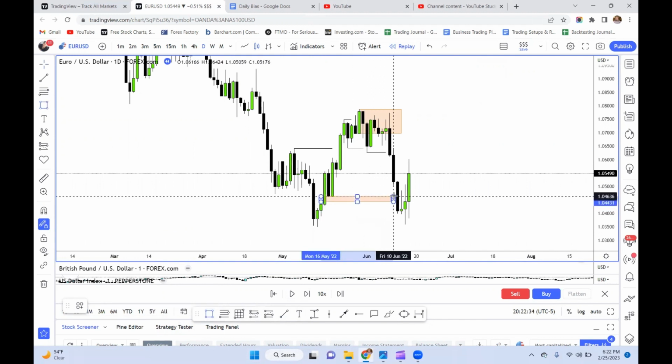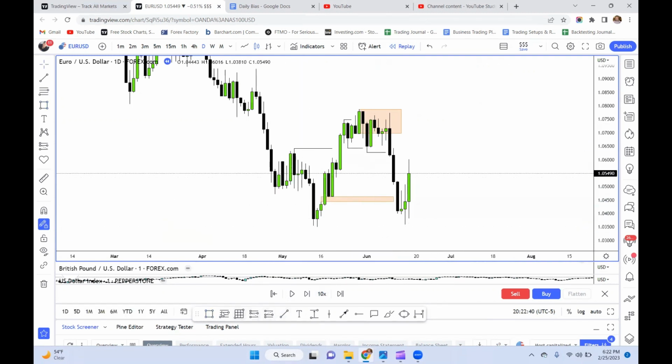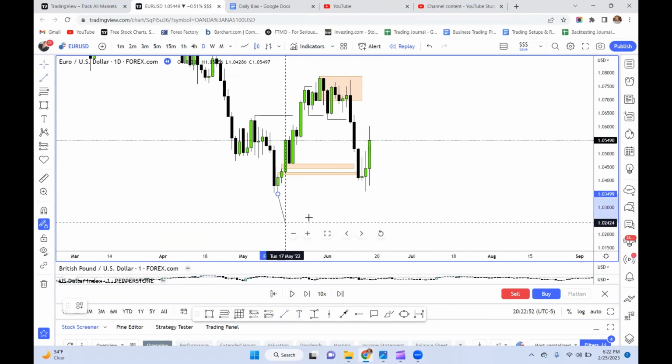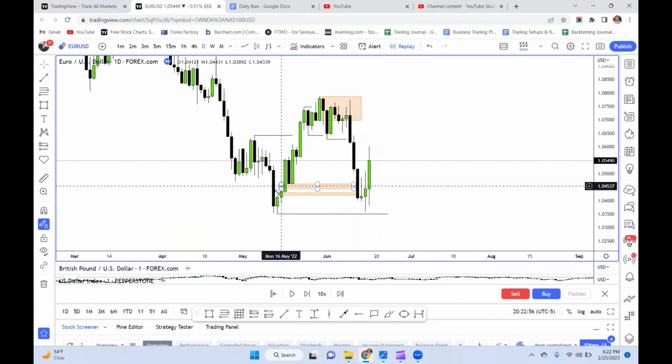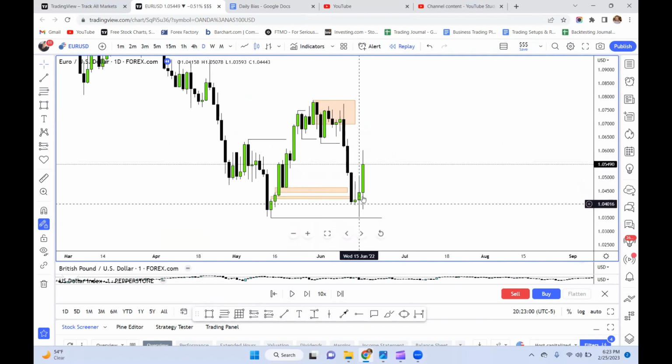And fair value gaps are also a form of liquidity, as well as these swings. You can see that there's a little bit of this little fair value gap right here. And price hasn't ran out here, right? But after price ran and filled in these fair value gaps, rebalanced these imbalances, price then turned around.